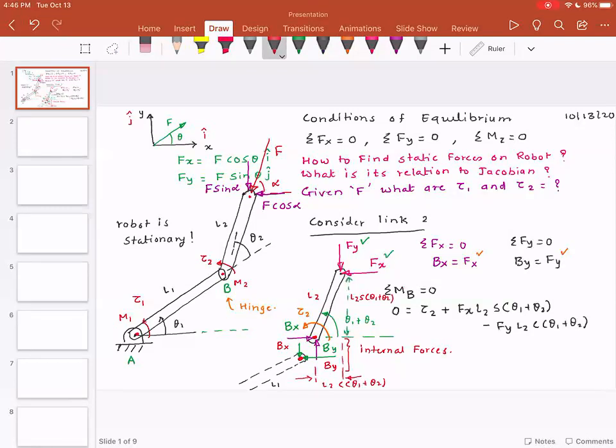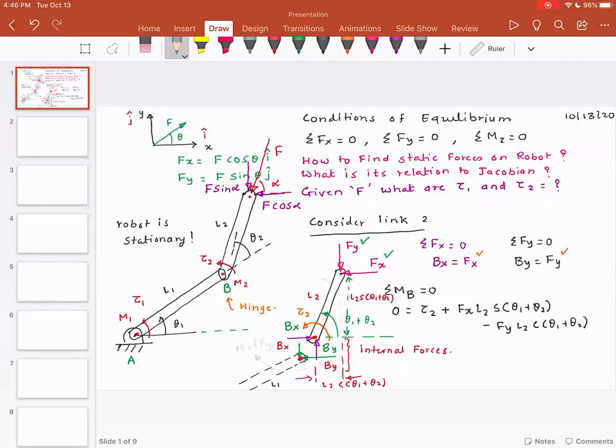But if you look at the moment given by f of y, curl your fingers in the direction of moment about B. So the moment given by f of y is like this. So this is the moment of f of y.